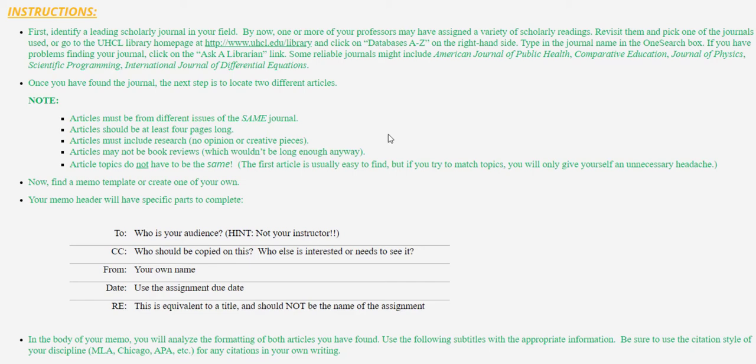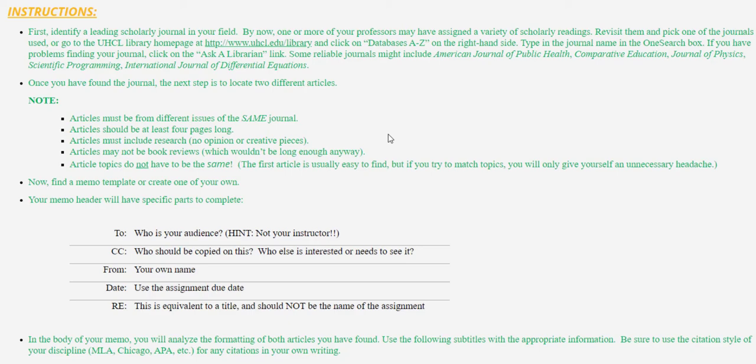It can't be a book review, which usually they're not long enough to meet the qualifications anyway, but it can't be a book review talking about something that someone else wrote. Remember that, again, the article topics can be completely different. You could have one about potty training children and another one about LGBTQIA harassment in schools.